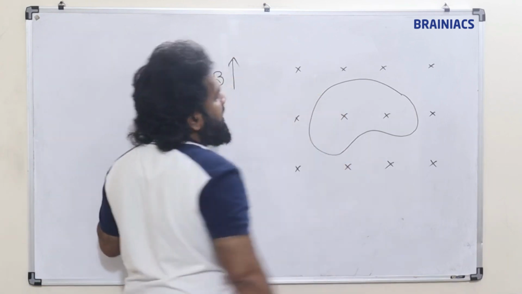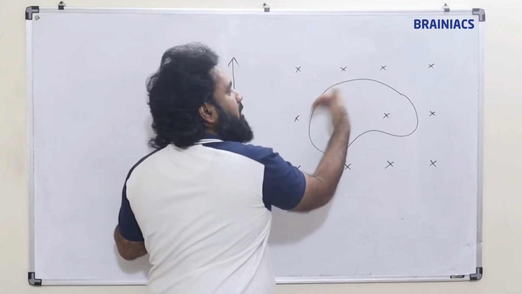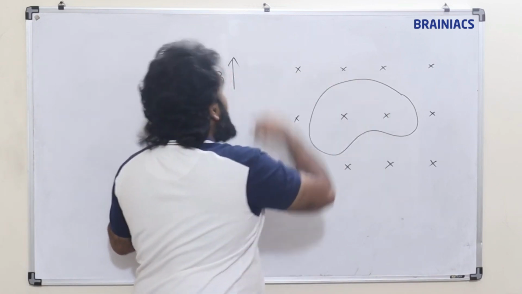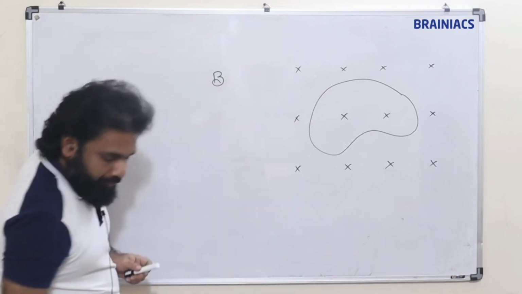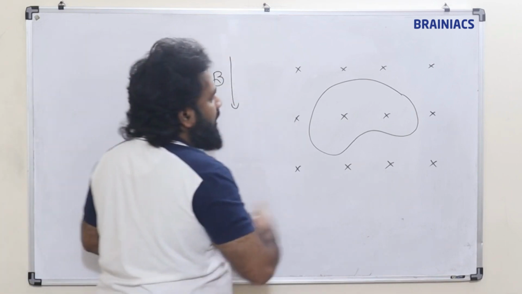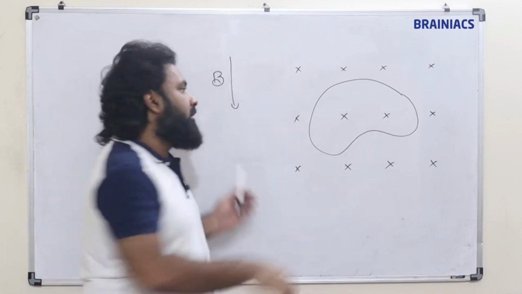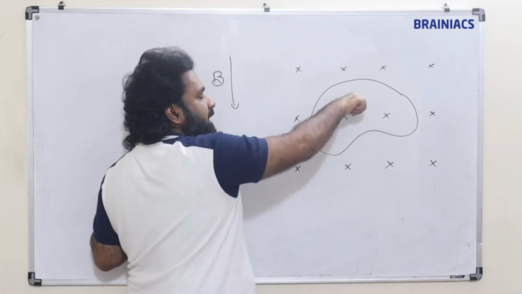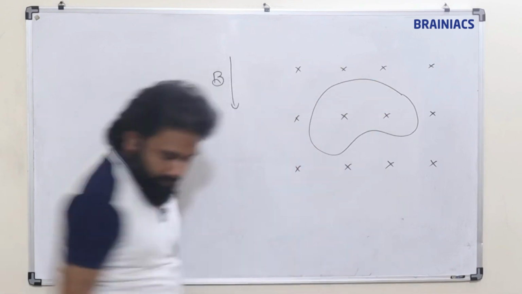It will try to make a dot magnetic field, so anti-clockwise current will be there. Suppose I decrease it, if this magnetic field is decreasing, what will happen? It will try to increase the cross magnetic field. So this is the direction of the induced magnetic field, and the current direction is going to be clockwise.